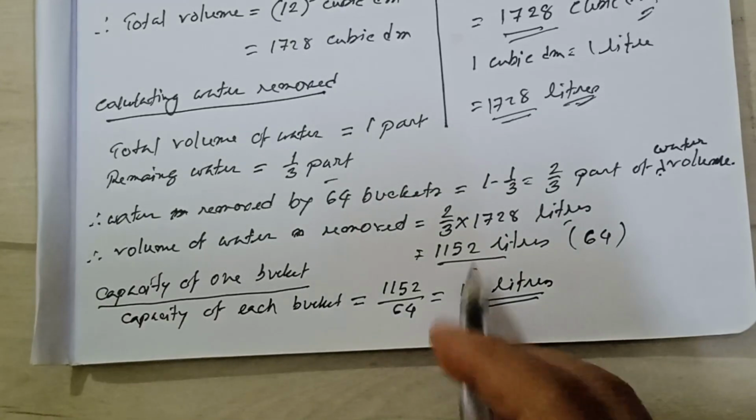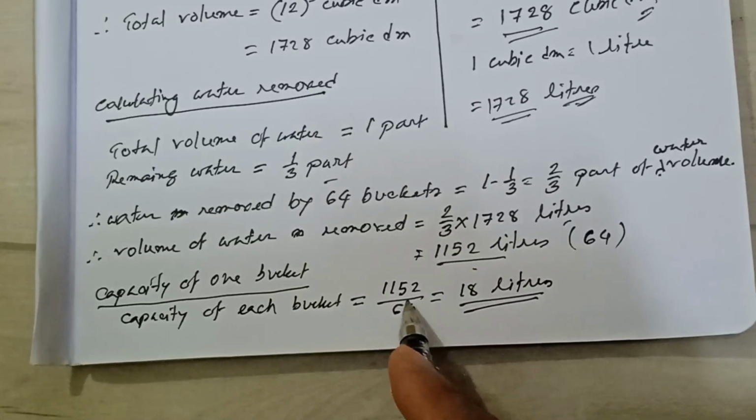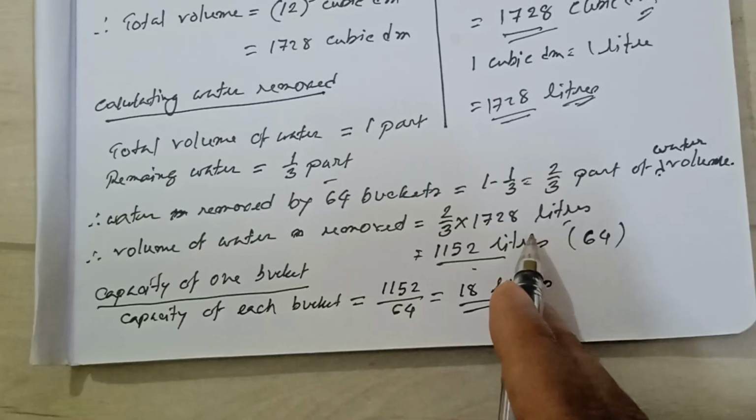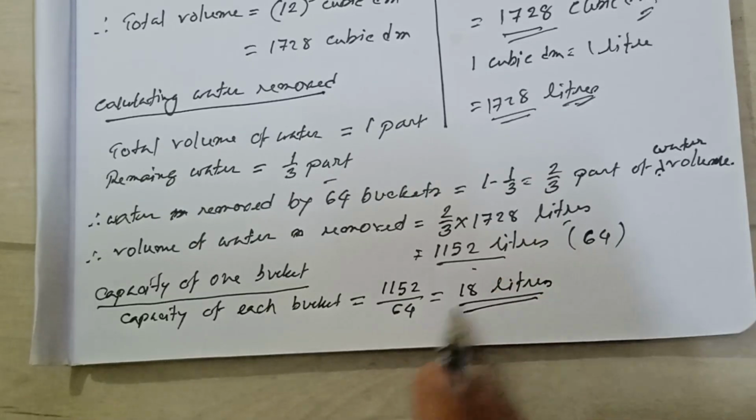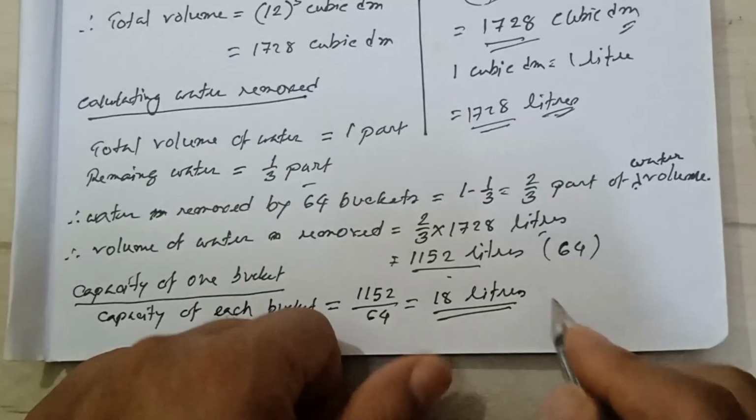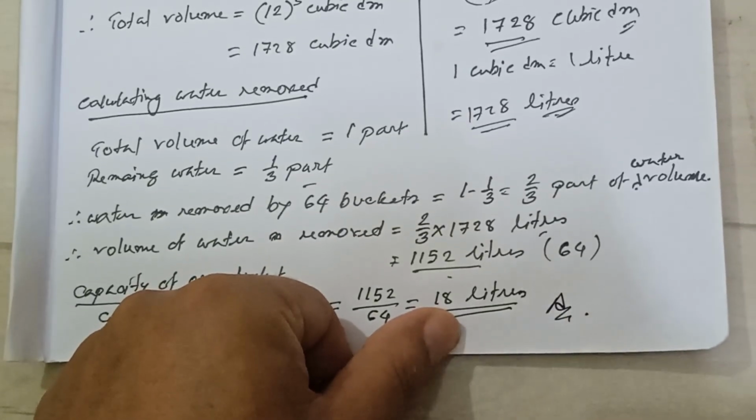Okay, dividing this number by 64 gives us how much water each bucket will hold, right? So that is the answer.